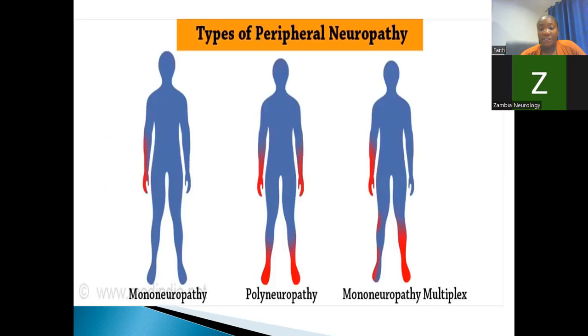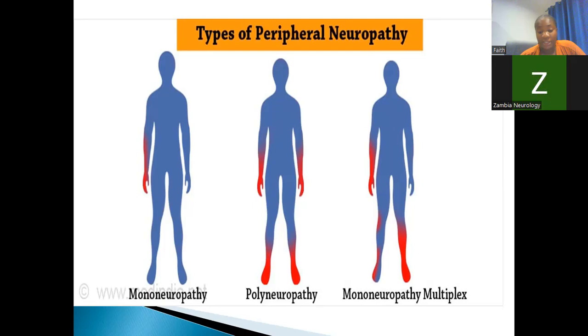So this diagram just emphasizes what we discussed earlier in terms of what a mononeuropathy is. On your far left, you're able to see an image that depicts what a mononeuropathy would look like, and that is a single nerve that is affected. The part which is red shows the area that is actually affected. Then you have a polyneuropathy like we described, that is symmetrical and usually starting distally.